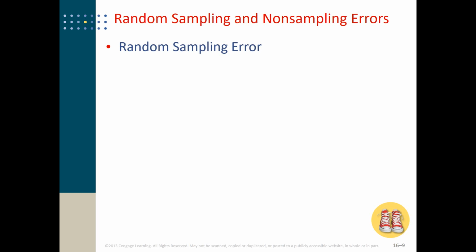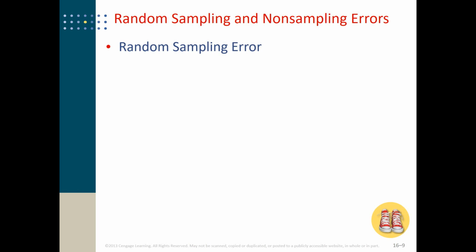So first of all is random sampling error. Random sampling error arises due to taking a sample instead of researching a population. That means we have a population but we are not researching our population, we are only taking a sample, a subset of the population, so we may incur some error as the sample may not closely reflect the population.